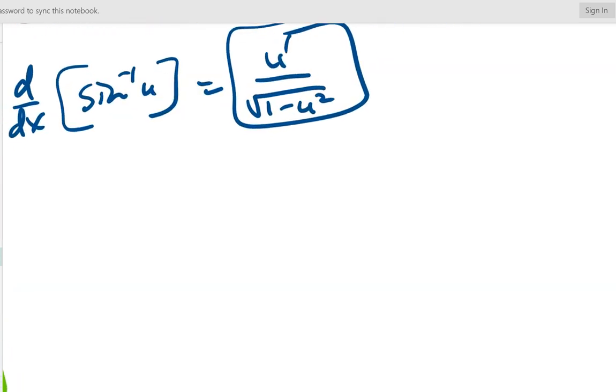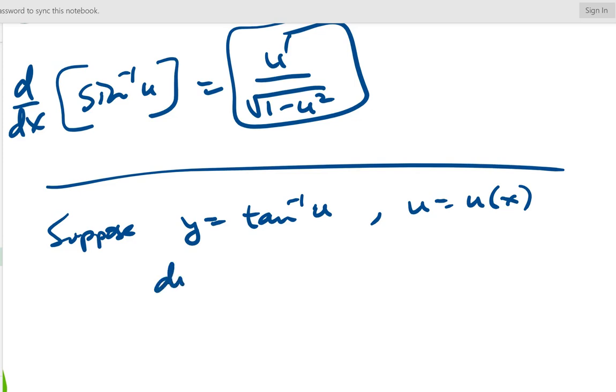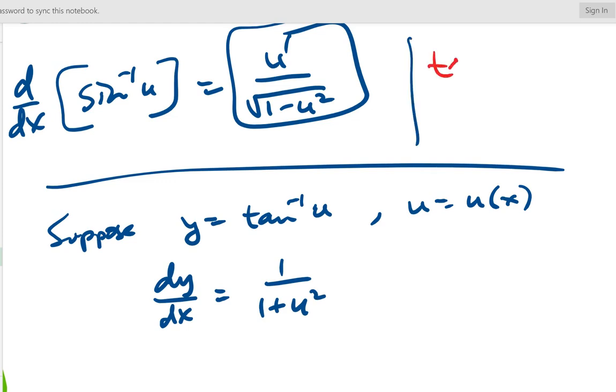Suppose y is inverse tangent of u, and u is some function of x. Then dy/dx would be 1 over 1 plus u squared, because remember, inverse tangent of x, when you take the derivative, that's 1 over 1 plus x squared. So in this case, u is just serving as x.